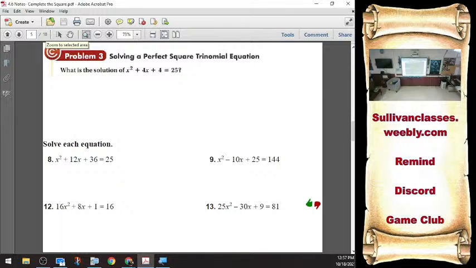Whatever's on the right, leave it there. How about 6 and 6, because it's supposed to be something squared?